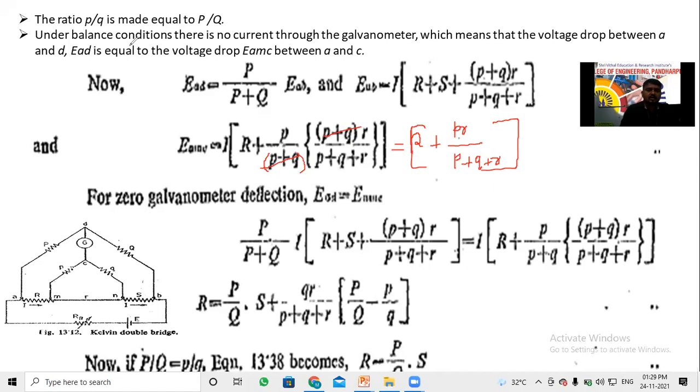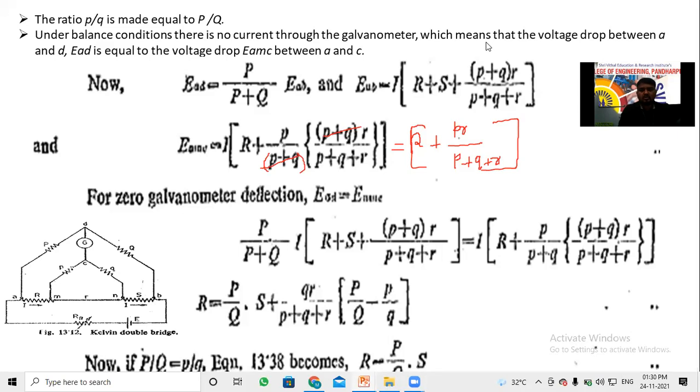See here, under the balanced condition, as I told previously, EAD is equal to EAMC. EAD is this one and EAMC is this one. Equating these two equations, what will we do? P plus Q into this equation EAB, I times R plus S plus PQ plus R, this is EAD, equal to I into this equation. So directly they have not written it, they have considered it as it is.